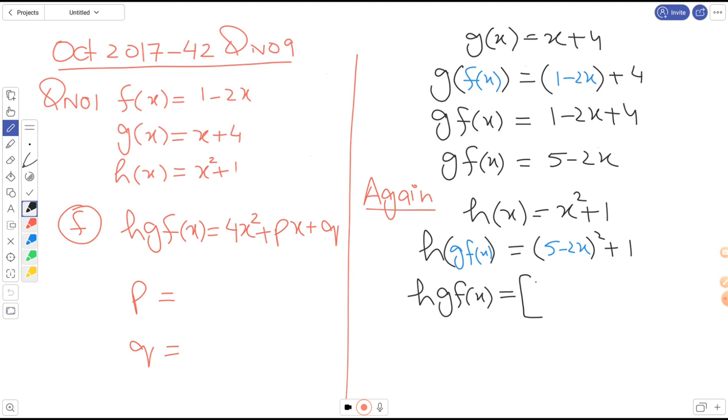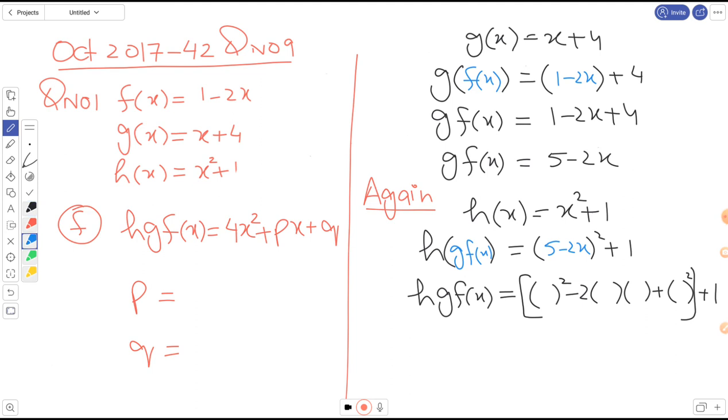Okay, I'm going to use first term squared minus 2 into first term into second term plus second term squared. And you know this 1 is also there, so this plus 1 I'm copying outside. So 1 outside.